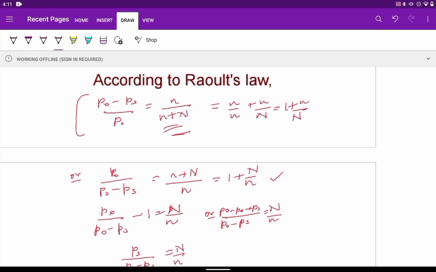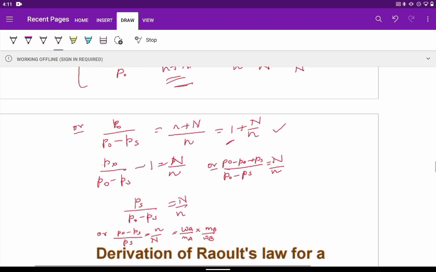Now this 1 we shift to the other side. It becomes PO by PO minus PS minus 1. If we expand it and solve, we have to multiply PO minus PS with 1. So it becomes minus PO plus PS, because minus PS into minus 1 is plus PS. So after solving, what we get?